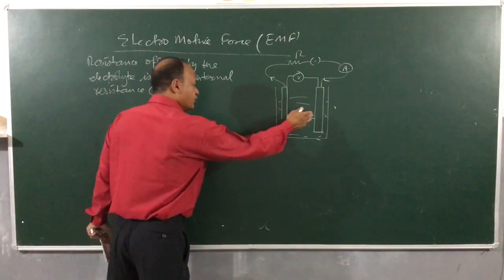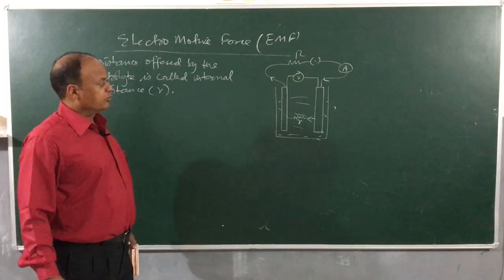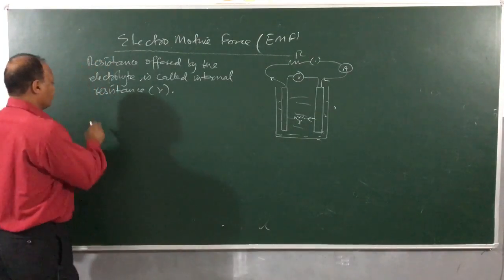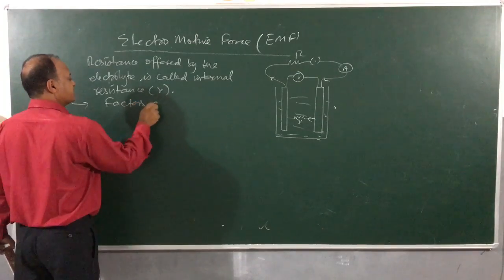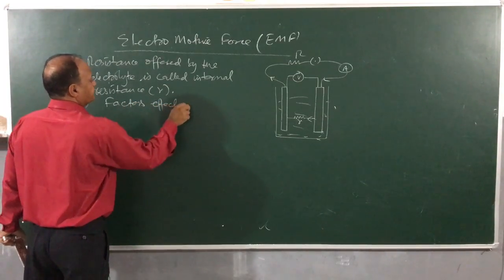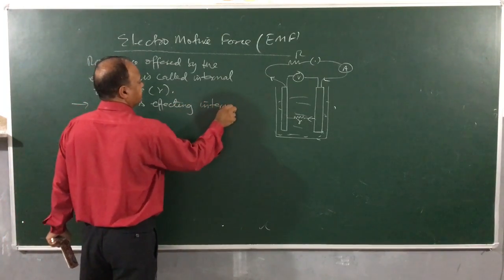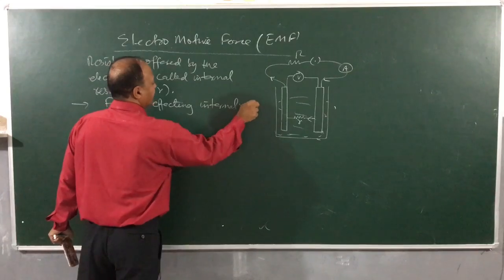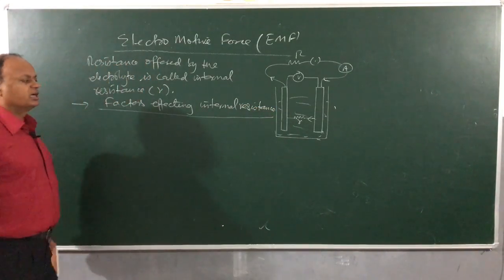Now, this resistance will always be there. It will be small, but it will always be there. Now, on what factors does the internal resistance depend? Factors affecting internal resistance. On what factors does this internal resistance depend?